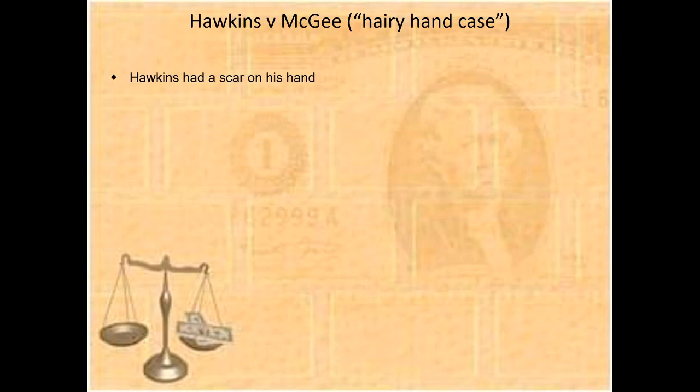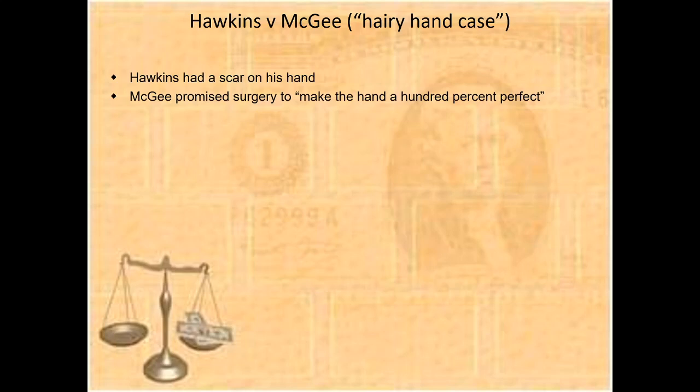So, Hawkins versus McGee, the hairy hand case. Let us talk about another kind of problem which may occur. Hawkins had a scar on his hand. McGee promised a surgery to make the hand 100% perfect. Now the surgery was a disaster, and left the scar bigger and covered with hair.